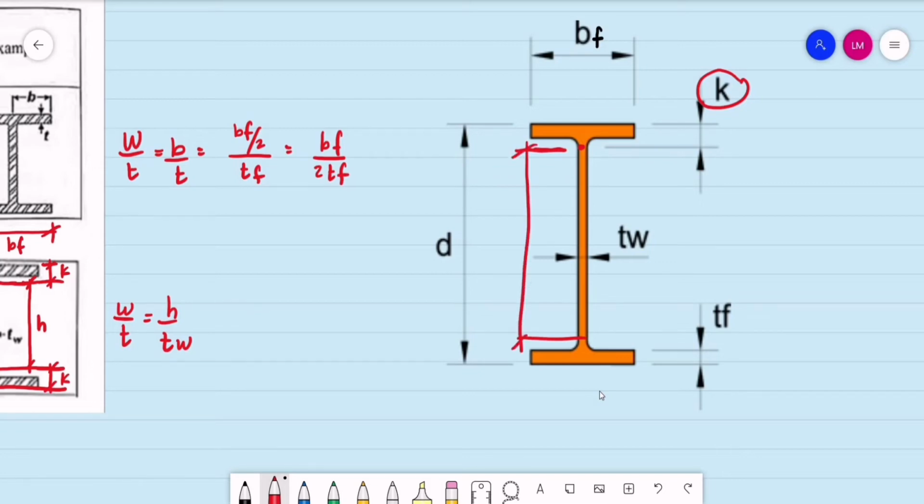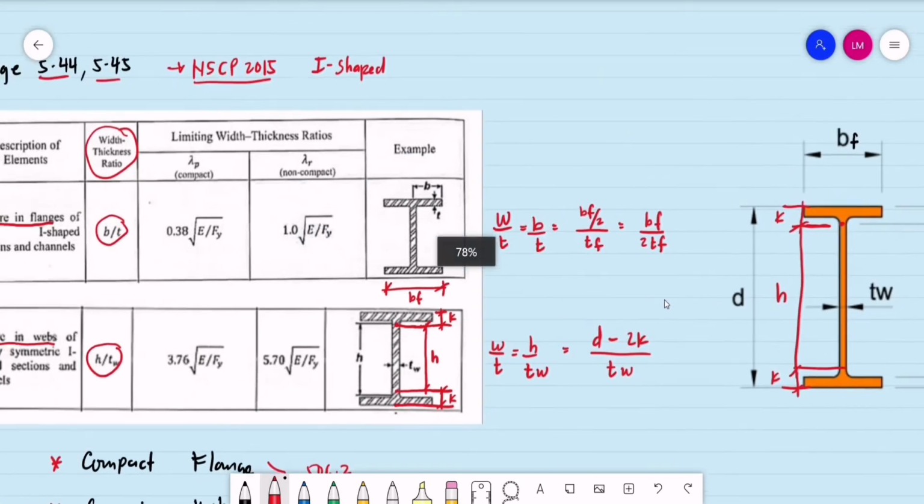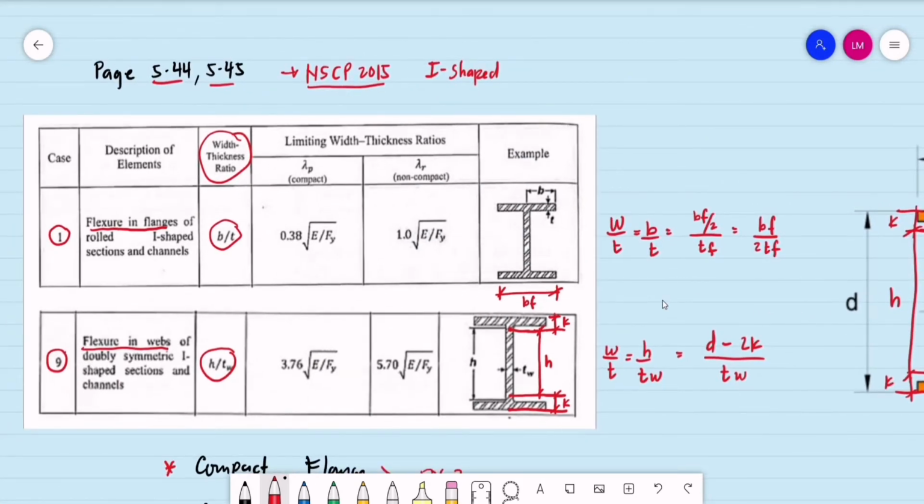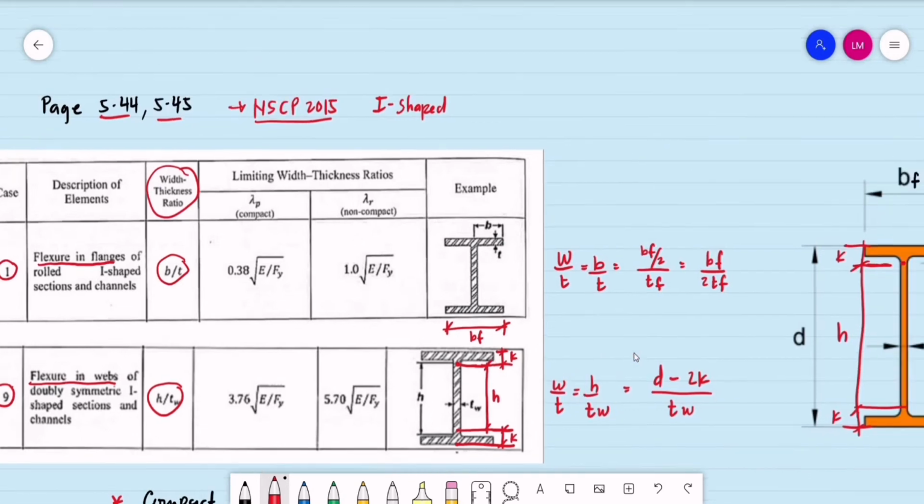If this is k on the top, another k below, how do we compute for h? Basically, the value of h is the total depth of the section minus twice k, then divided by the thickness of the web. So these are the equivalents of the width to thickness ratio for both flanges and webs.